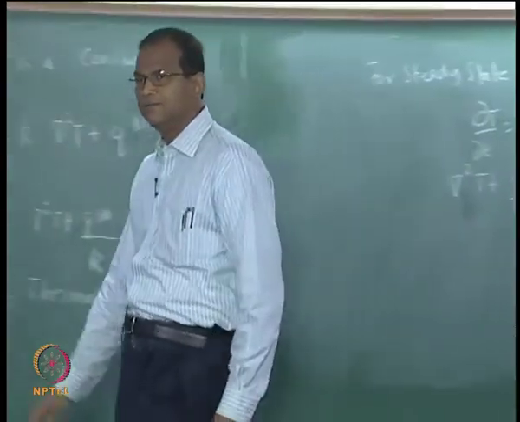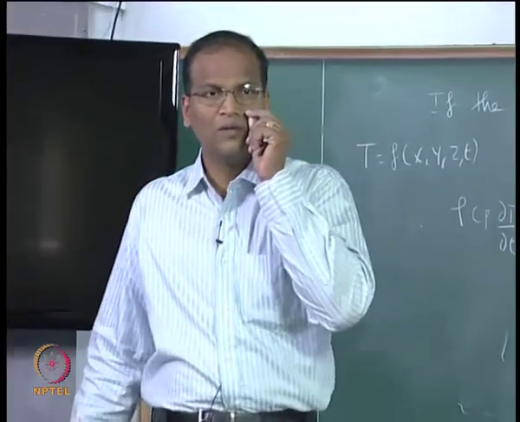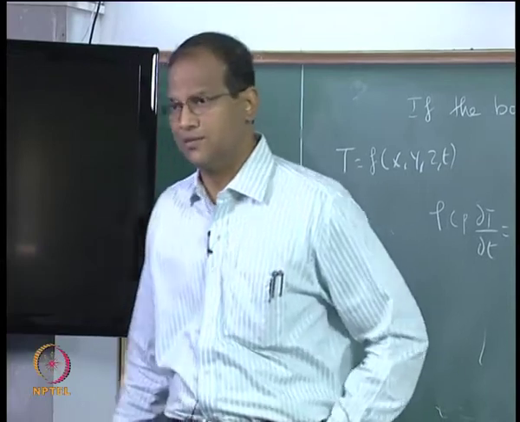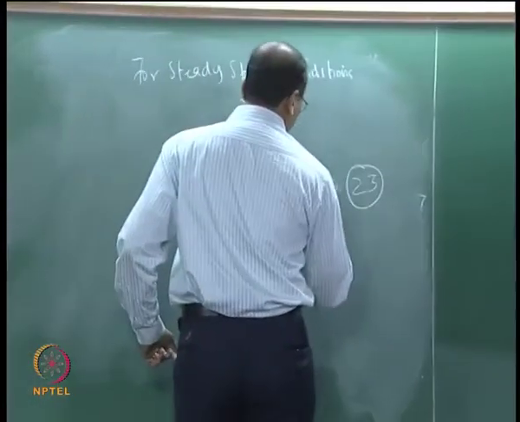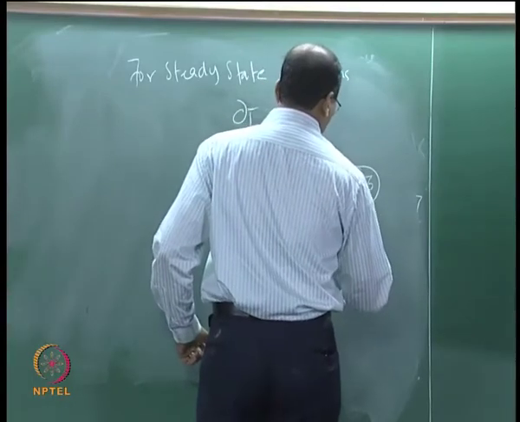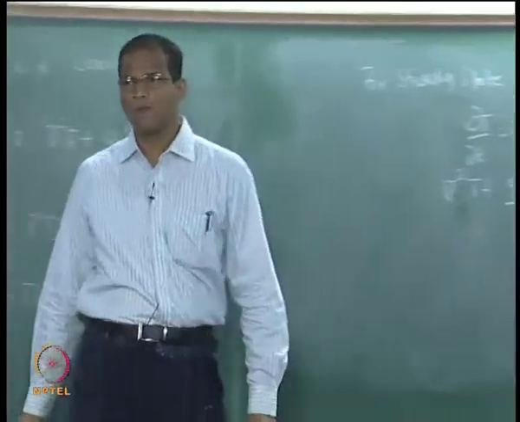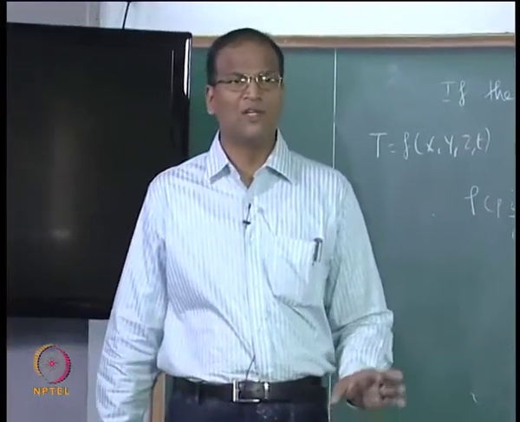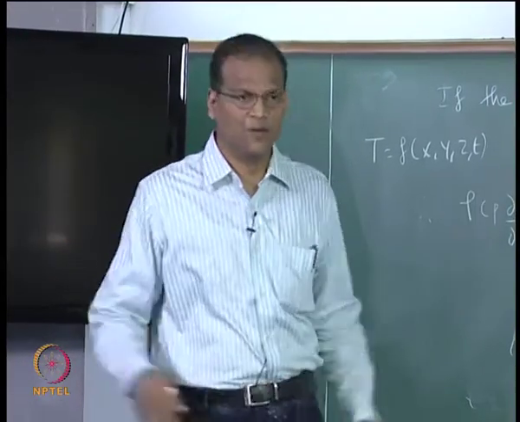This is called the Poisson's equation. If q triple prime is also 0, then it reduces to the Laplace equation.